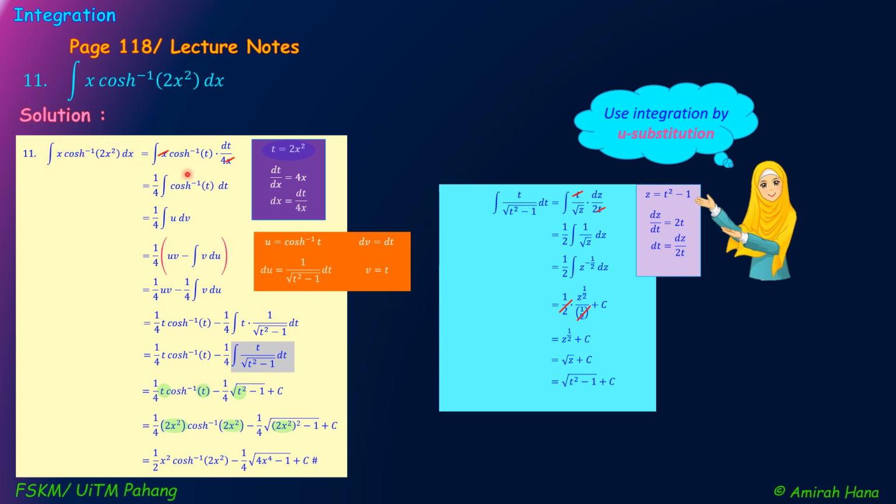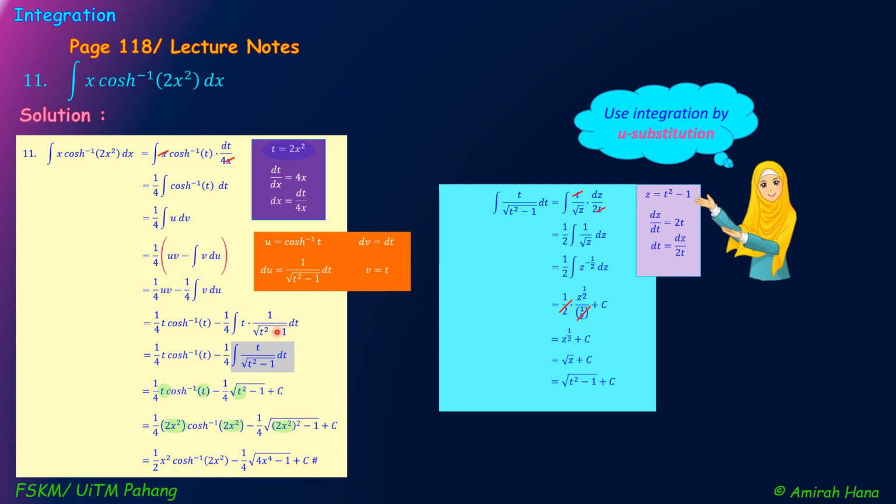Okay. So banyak step dia. Mula kita pakai u sub tapi kita pakai variable t. Lepas tu kita kena integrate using integration by part. Okay, lepas by part, dalam by part ada simbol integration lagi. So, kita kena integrate lagi sekali pakai U sub. Tapi sebab dah guna variable U masa by part tadi, so this time saya guna Z pula.